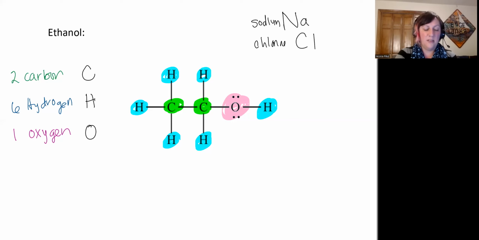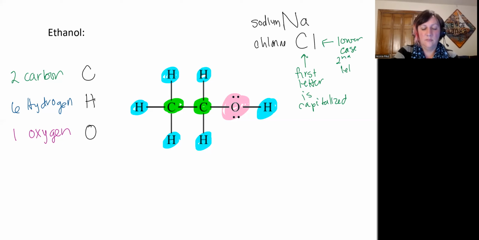You'll note that it's important that the first letter is capitalized and the second letter is lowercase. This is so we know in a string of letters which are elements.